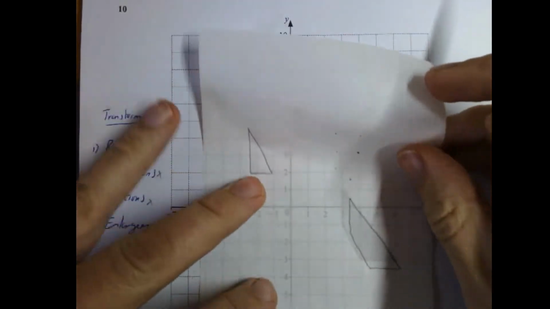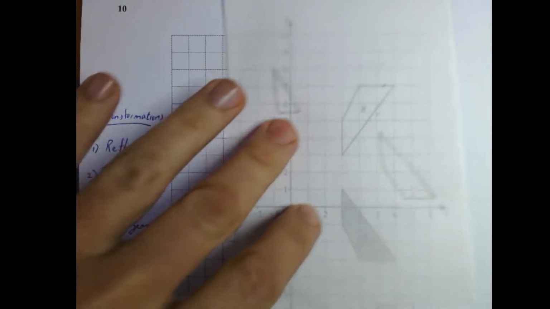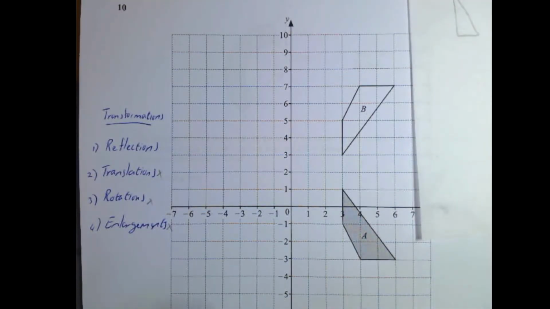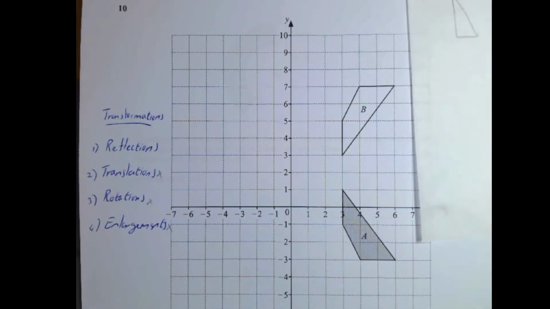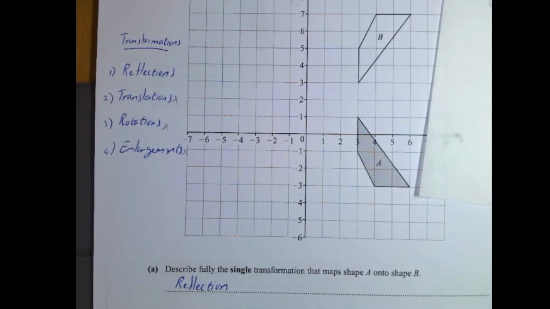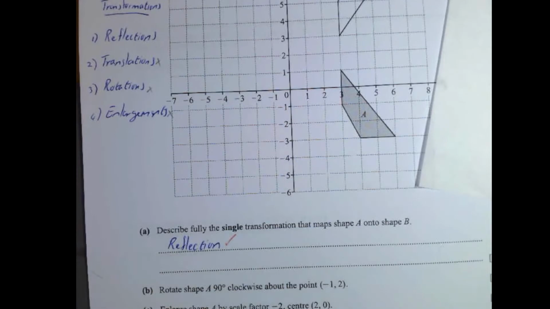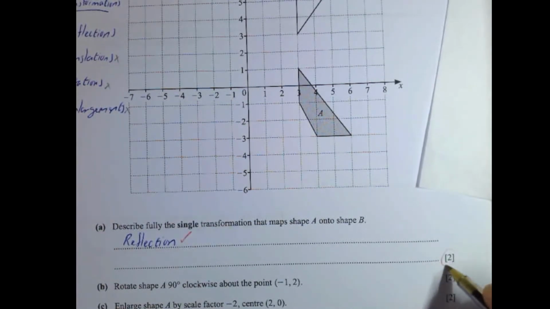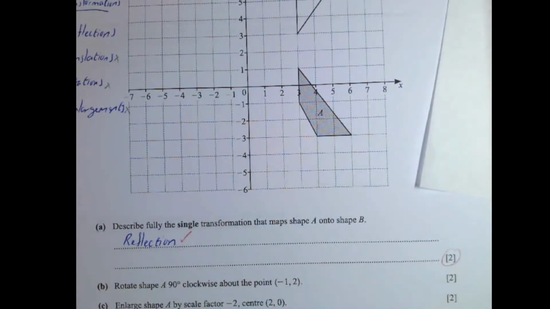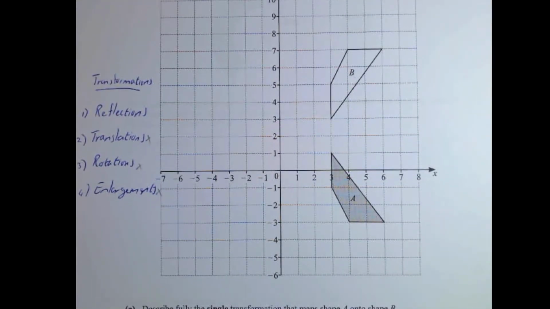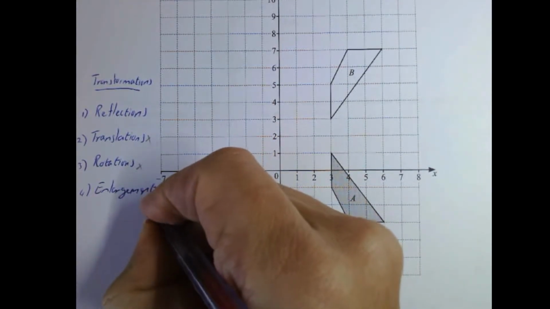Flipping over. Okay. So once we determine this is a reflection, we write it down, because that will give us our first mark. Oh, you see, I wrote it down. Note that this question counts 2 marks. So we got 1. So we need to write one more thing. This also helps us to determine which one it is, because enlargements usually count 3 marks. What are the 3 things?